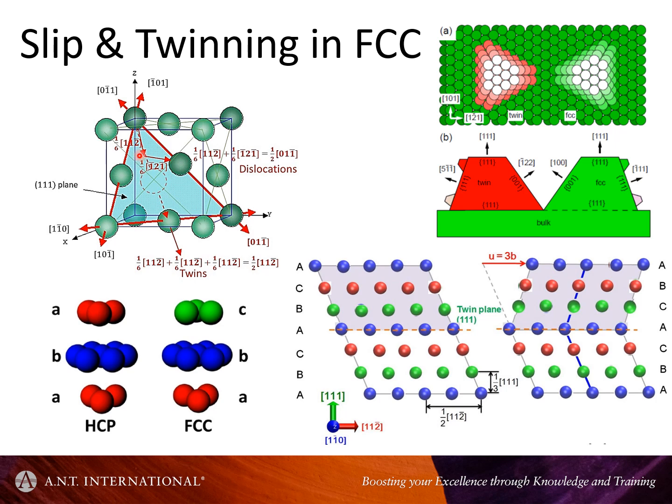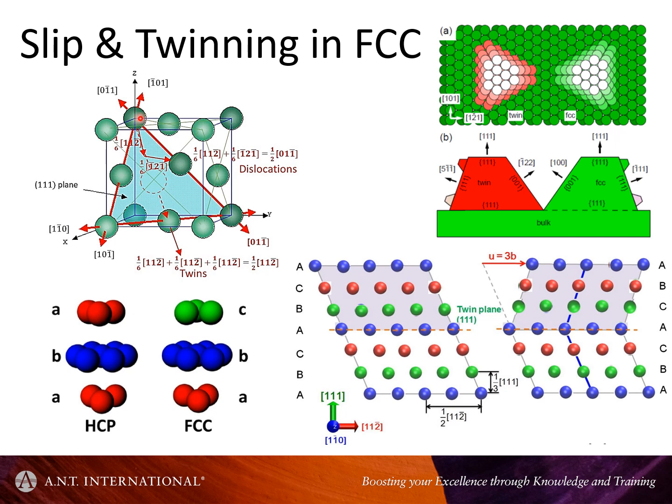It would sit in an interim lower energy site here, and then a second displacement by a second Shockley partial puts it into an equivalent lattice position. So by the time you've done that, the material doesn't know it's been deformed. It's a perfect crystal. However, if you move this atom and sit it there, you end up with a stacking fault because you've created a C layer, and the material is aware that you've had a shear on one plane.